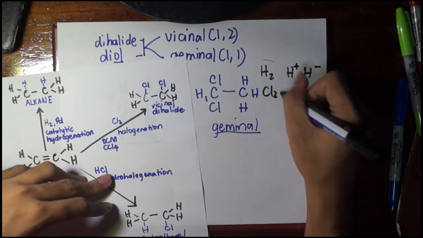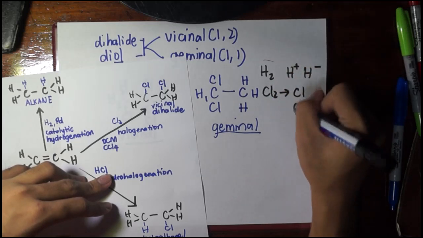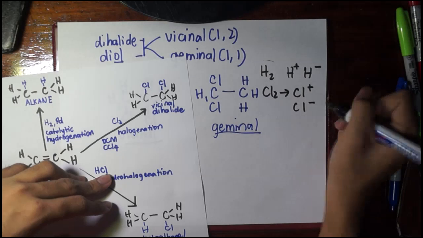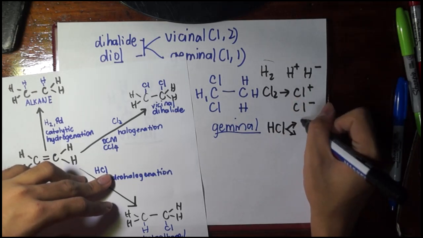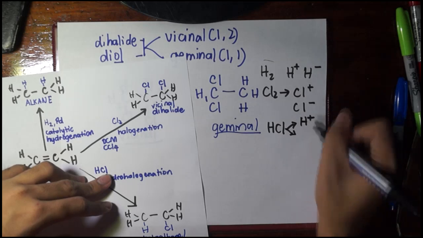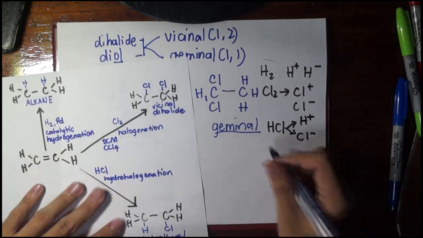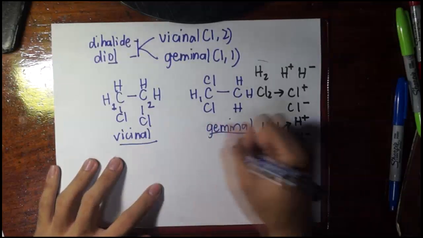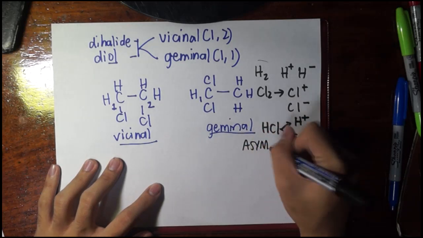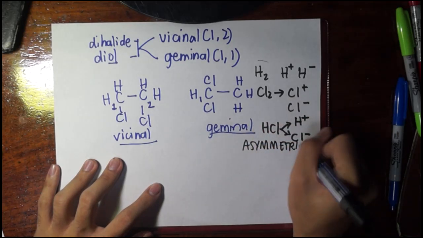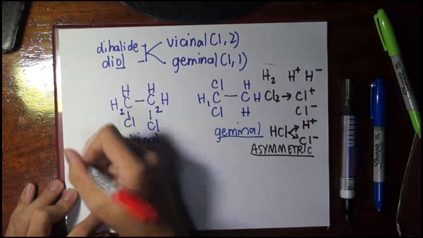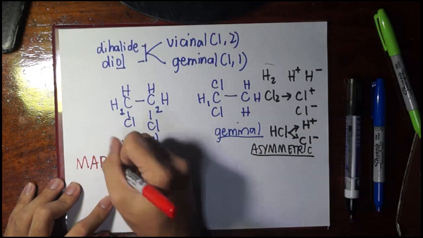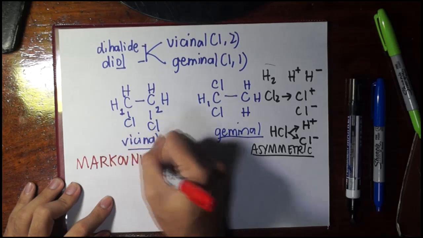Also for chlorine, when you cleave it, you have two chlorines, only difference is charge. But if you have HCl, you produce two different products. One is H positive and one is Cl negative. And if we have an asymmetric reagent, we're going to take note of one rule, and that rule is known as Markovnikov's rule.